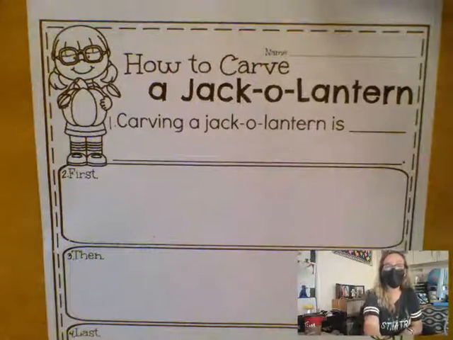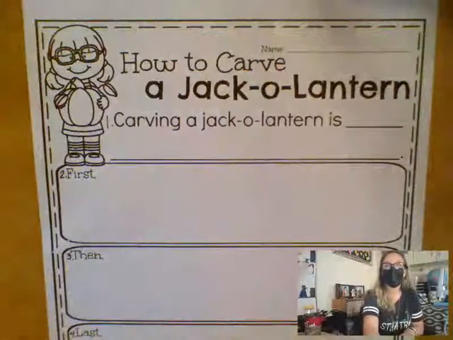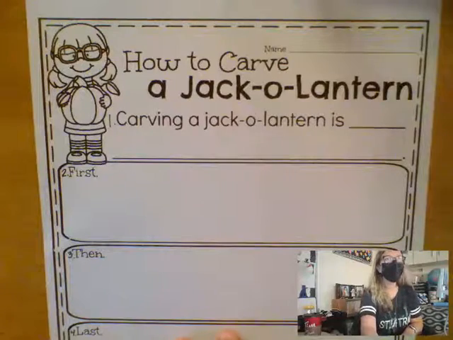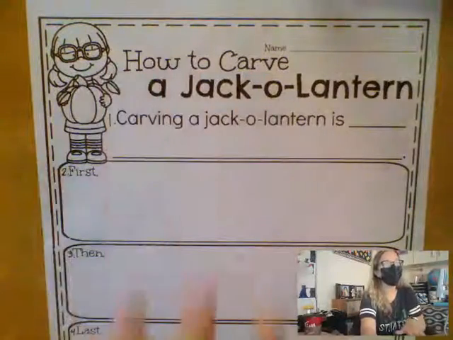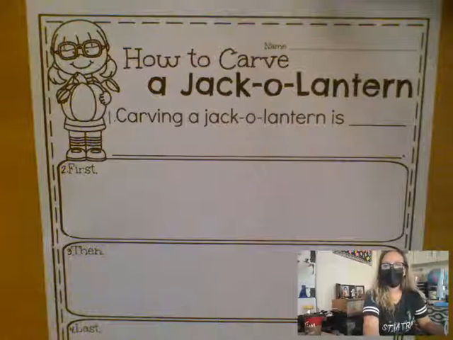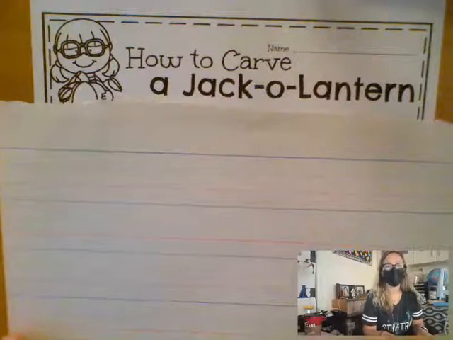So let's right now look at the topic of our writing, and let's do a brainstorm to come up with some ideas to help us do this writing piece. Step 1 is the brainstorm. So here's my brainstorm paper. You will use a page in your journal like you did before. And the topic of this writing is how to carve a jack-o'-lantern.